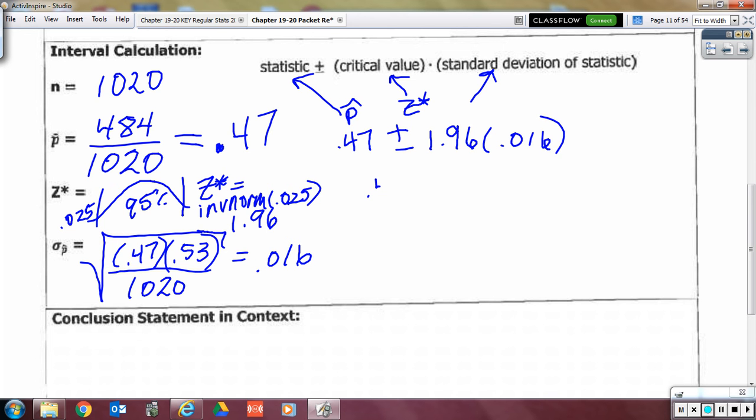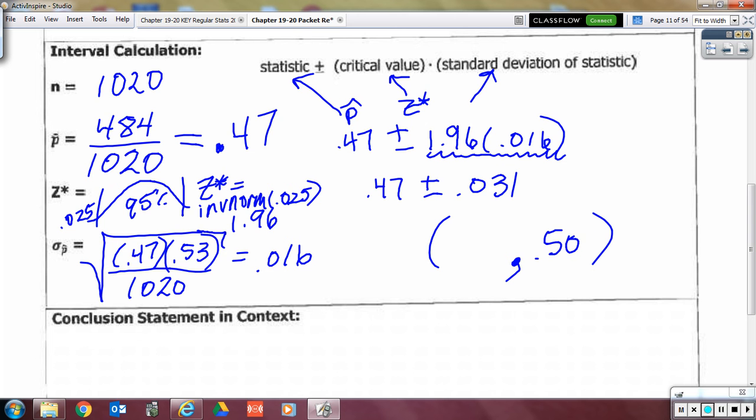So what do I do first according to the order of operations? Multiply 1.96 times 0.016 and you get 0.031. Then we can add to get the top one and subtract to get the bottom one.